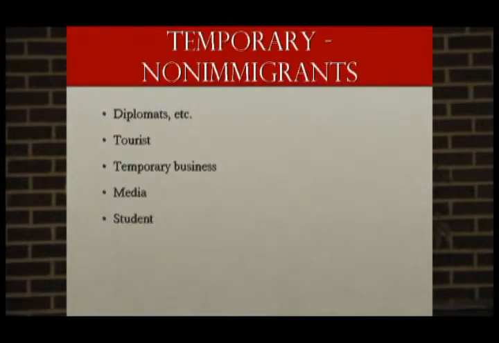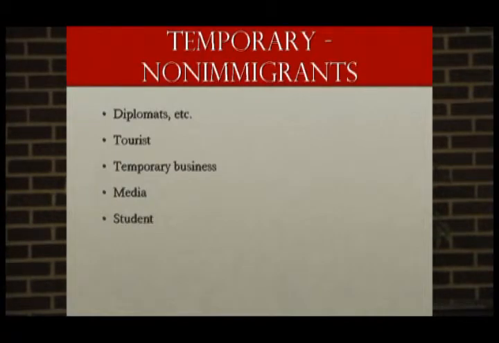This one I just wanted to list, because it's going to be important later, to understand the type of temporary non-immigrants that we have in the country and the visas that are available. There are about 20 different types of non-immigrant visas. The examples are foreign diplomats, anybody that works with foreign governments or foreign agencies, tourists, and people that come on temporary business.